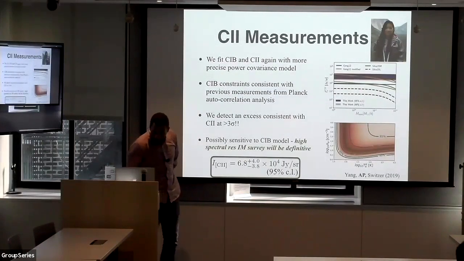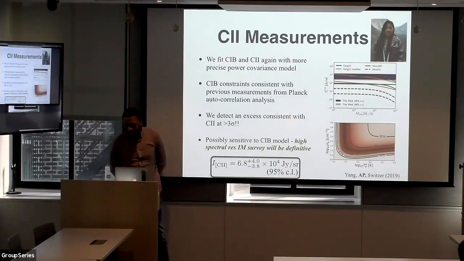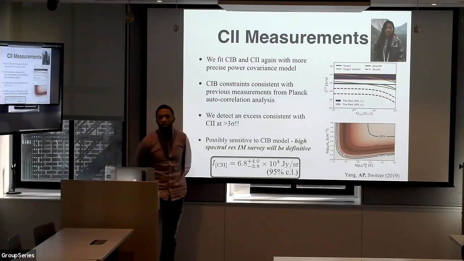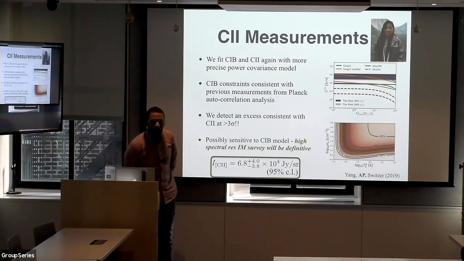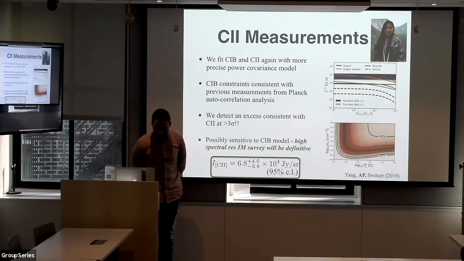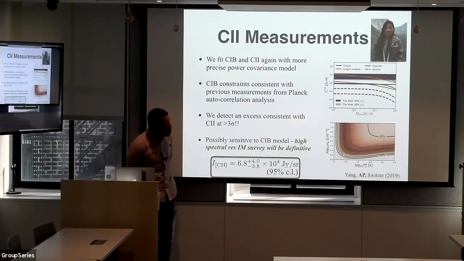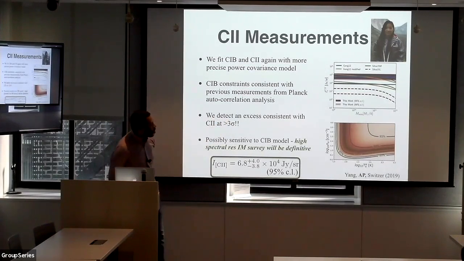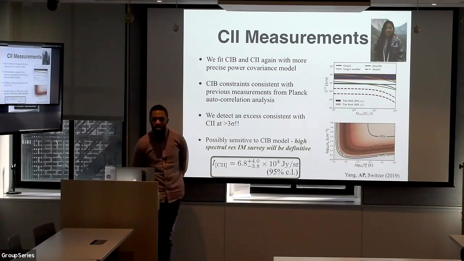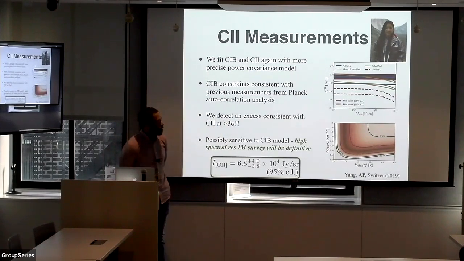However, while we were doing this project, my graduate student had a great idea to increase the precision of the power covariance model that we were using to make our constraints. She was able to lead this project, Sheng-Shi Yang, where she redid our analysis and showed that you could get a higher signal-to-noise detection for the C2 amplitude.